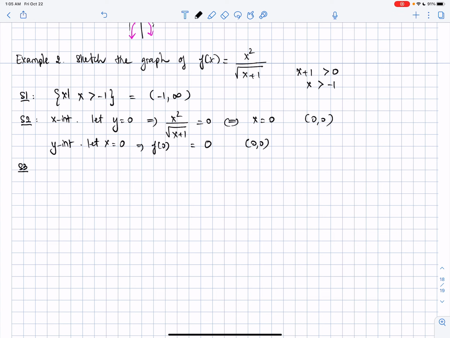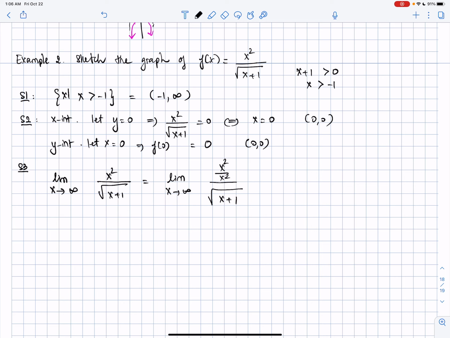Step number 3, we find the asymptotes. Now we're talking about the horizontal asymptote first. When x approaches infinity of the function x squared divided by the square root of x plus 1, the highest power of x is x squared. So we will divide top and bottom by x squared.